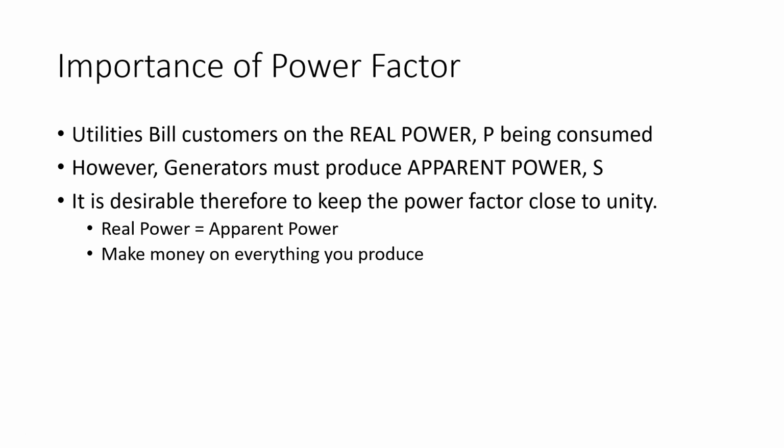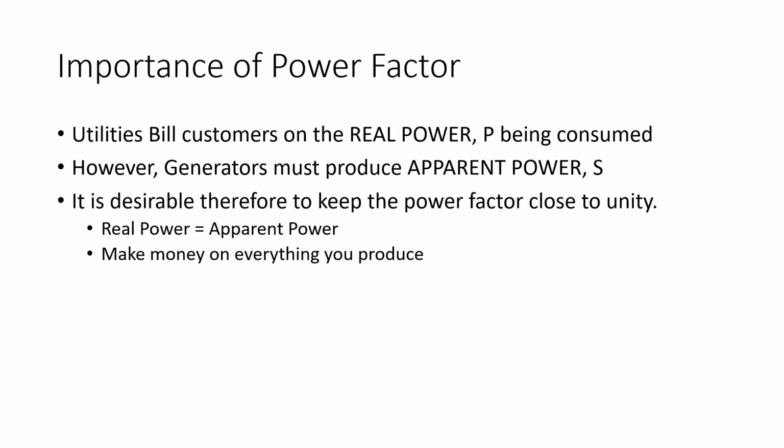Why do we want to find out about the power factor? Utilities typically only bill customers on the real power because that is the power that is actually being consumed. Remember, we talked about reactive power circulating through the system.